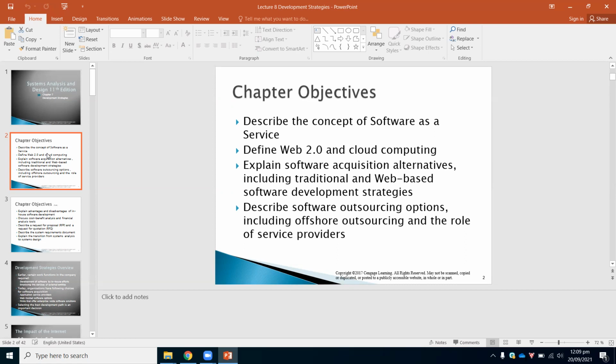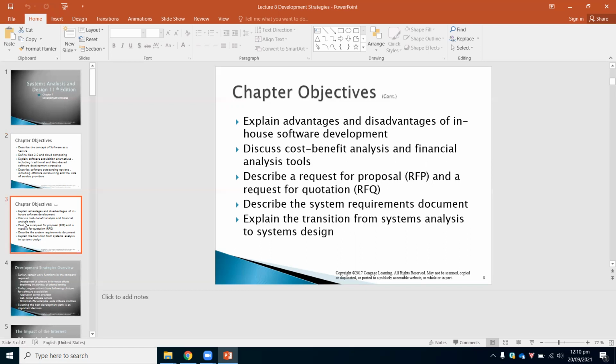We also describe the various forms of outsourcing options. We have different types of outsourcing options: offshore and inshore. We'll also look at the roles of application service providers in outsourcing, and the advantages and disadvantages of in-house software development.